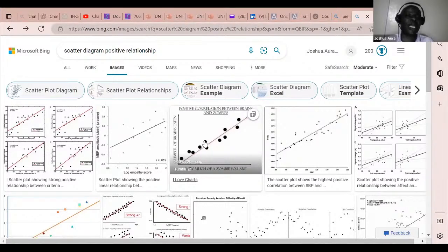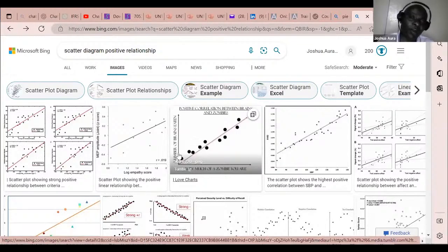When the line of best fit moves in this direction, this is what we call a positive direction, which shows here the number of brains eaten and how much of a zombie you are. Those are very bad variables, but I can see from here that the two variables are positively related.